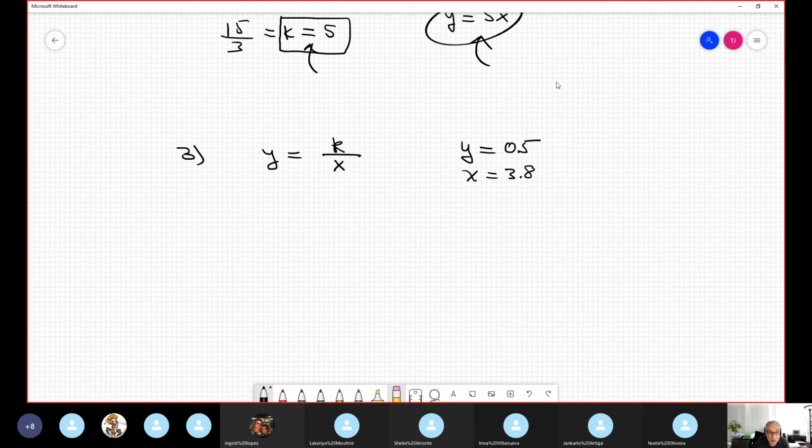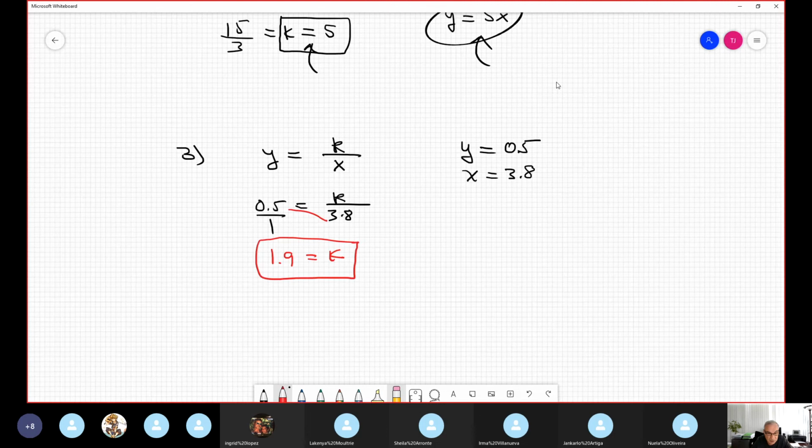So this is 0.5, this is the constant I try to look for, and this is 3.8. In this case, I apply cross multiplication, right? I assume that 0.5 is over 1, and you multiply 0.5 times 3.8. I put in the calculator 3.8 times 0.5. That's 1.9. The cross multiplication, this and this, was 1.9. And 1 times k is k. End of the story. Done.